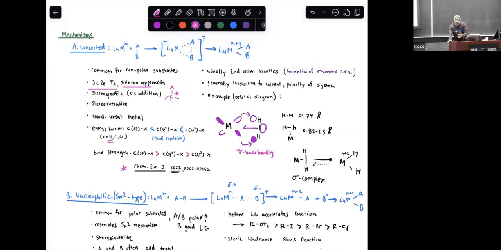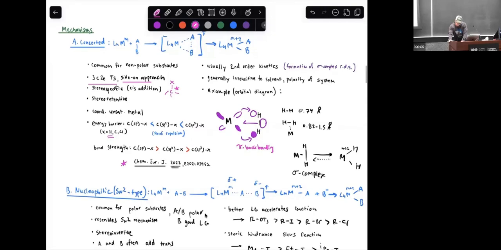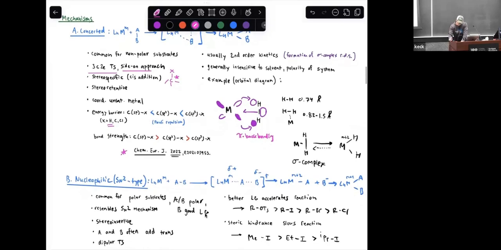And so in general, these reactions are insensitive to solvent dielectric constant. And that can be used as a mechanistic tool to disambiguate between this versus the SN2 pathway. And we saw from an orbital diagram perspective, you have these notes above. So I just copied them here to get a sense for how oxidative addition is an extreme of pi back bonding.